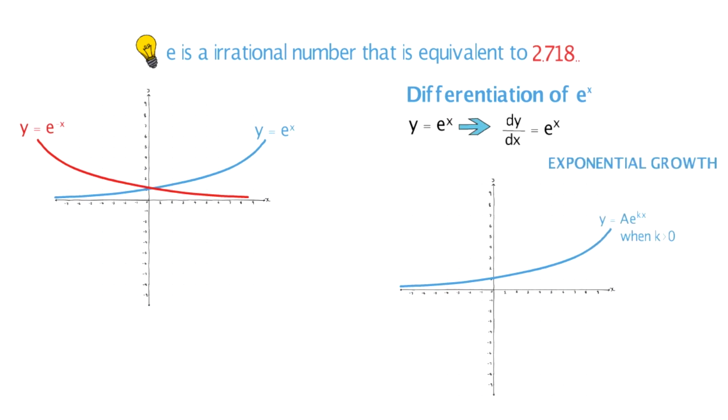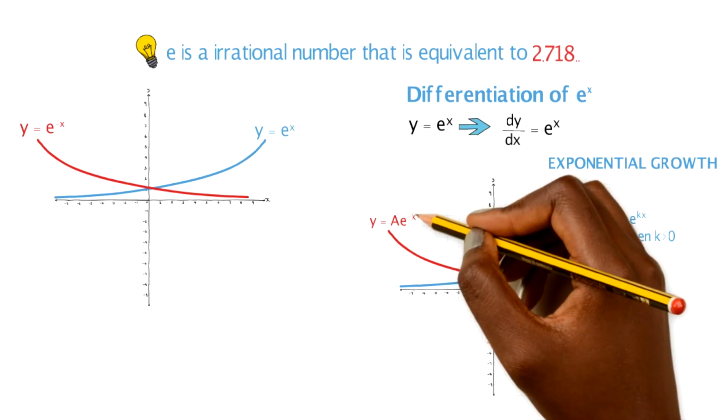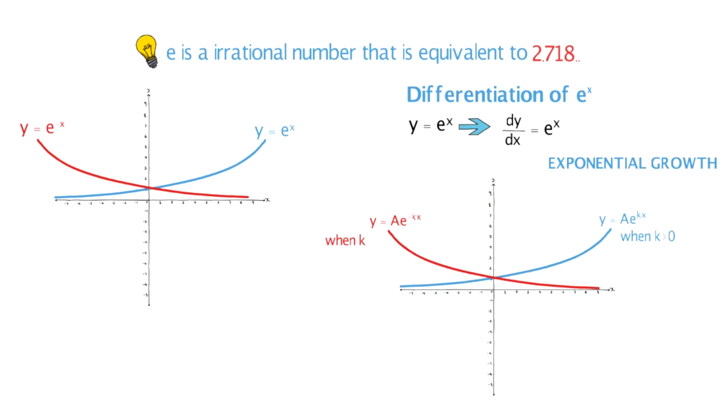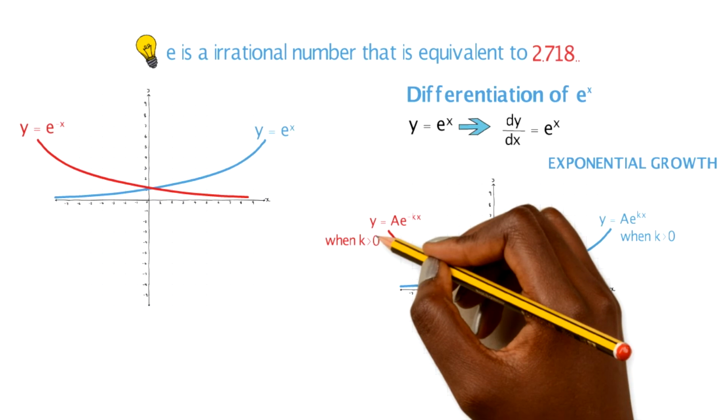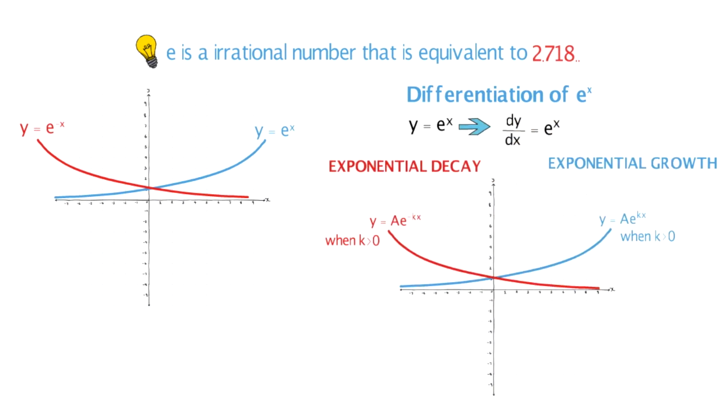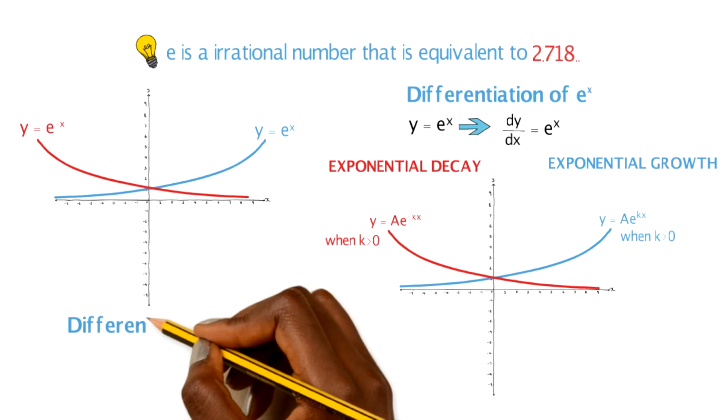But if this graph had the equation y is equal to a, being a constant, times e to the power of minus kx, because it's got the negative power, that is also going to represent exponential decay when k is greater than 0. This is very important to note.